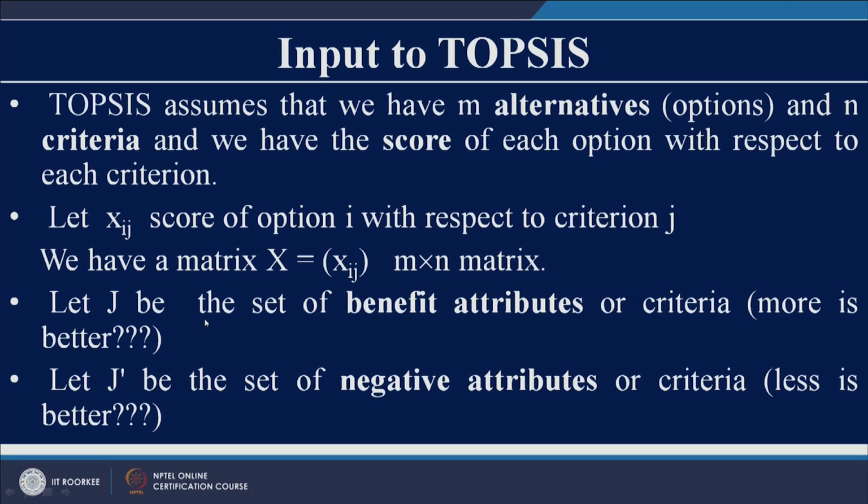So, let j be the set of benefit attributes. Benefit attributes means those attributes which you would like to have more and more, which you would like to maximize. For example, let us say again profit, you want to maximize efficiency, you want to maximize, let us say, space utilization, is not it, and j dash be the negative attributes.